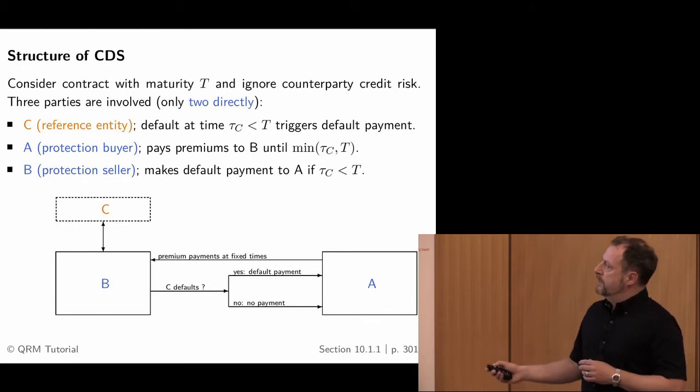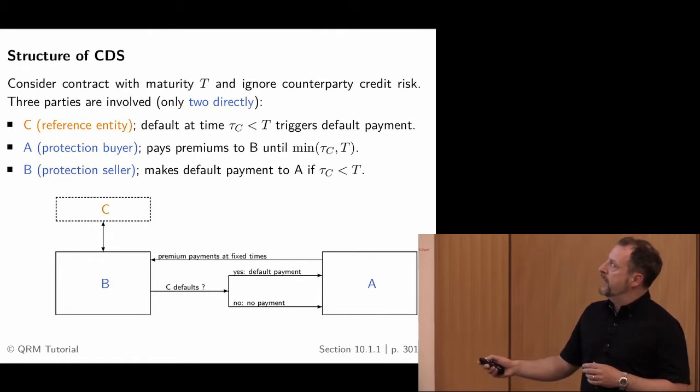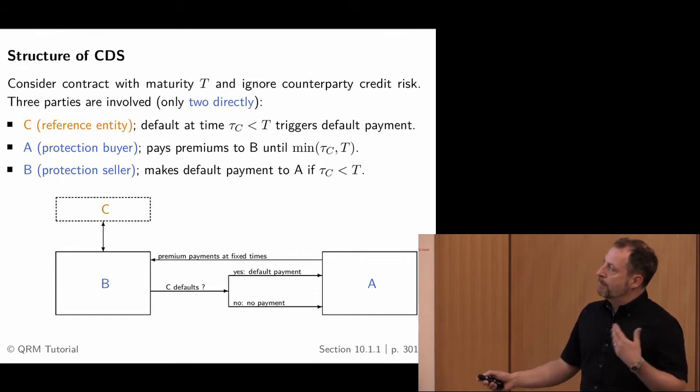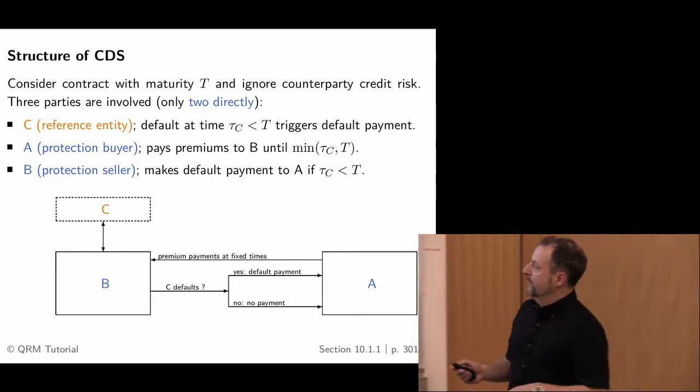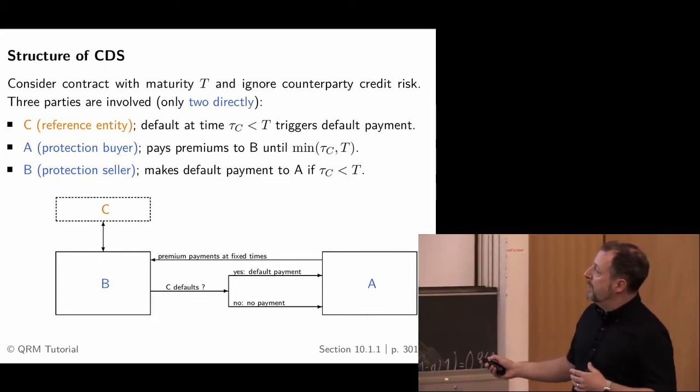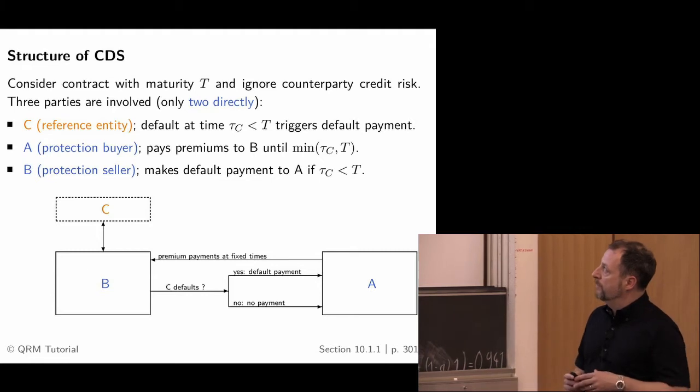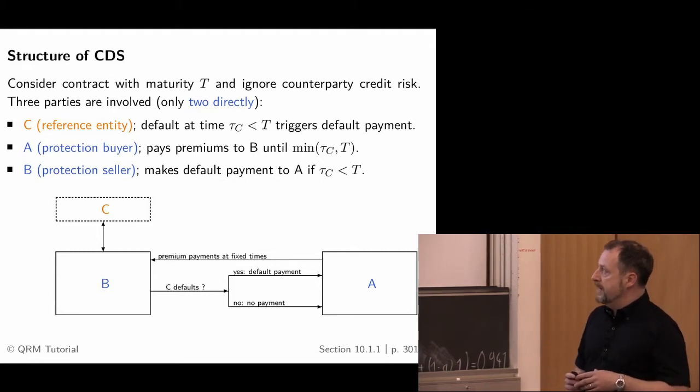There are three parties listed here, but only two of them are actually engaging with each other directly. The third party here, the reference entity, is not involved directly. But this is the firm whose default we are worried about, or one of these parties is worried. Party A is worried about the default of party C.